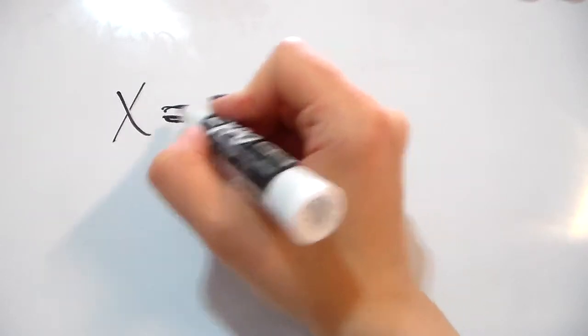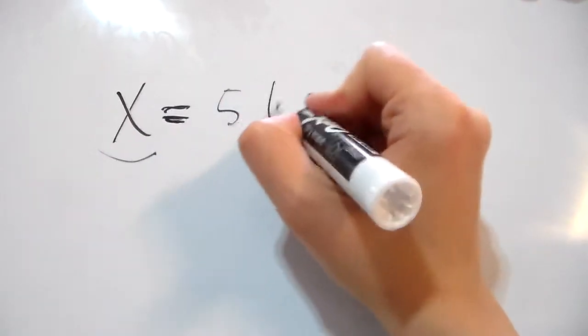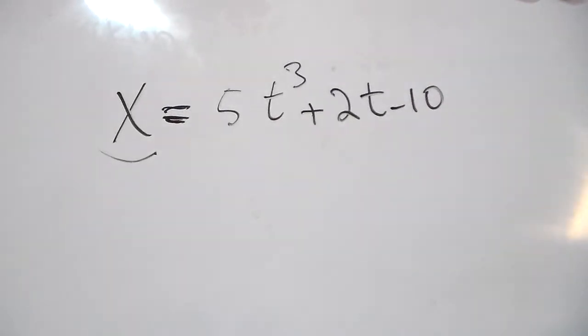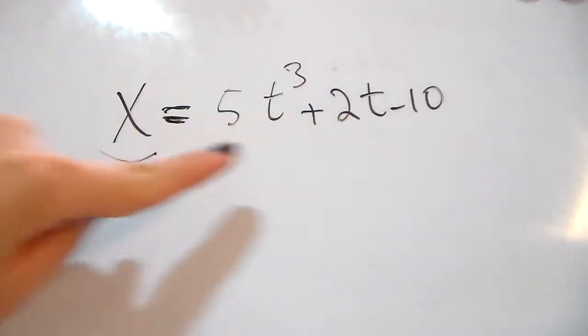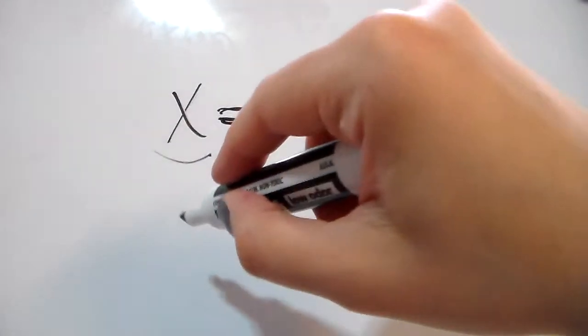The equation of motion is position with respect to the time. So let's say it's 5t^3 plus 2t minus 10.